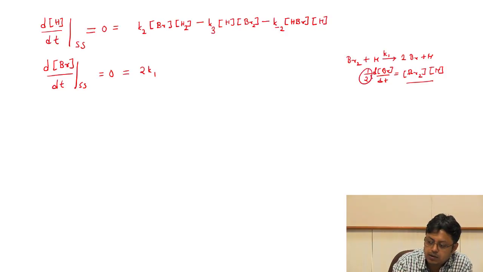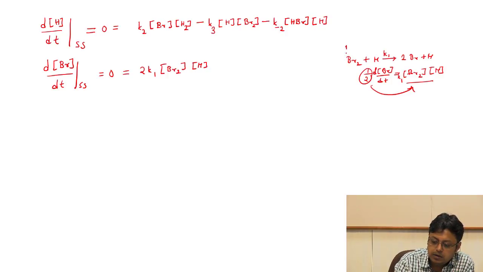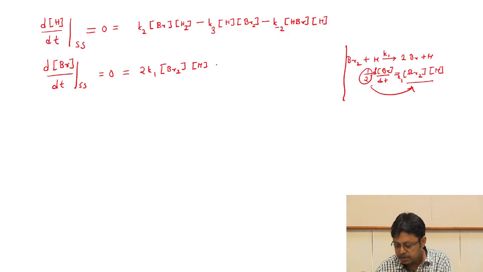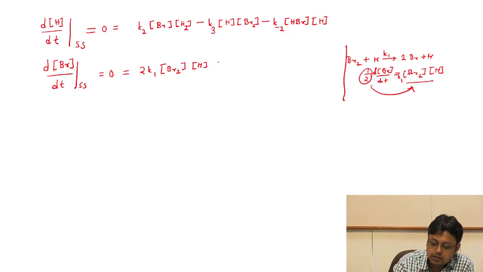So it is 2 times K1 into Br2 into M. And then let us see reaction number 2. It is consumed, so it is K2 into Br into H2.